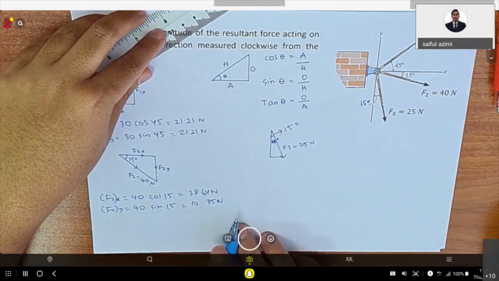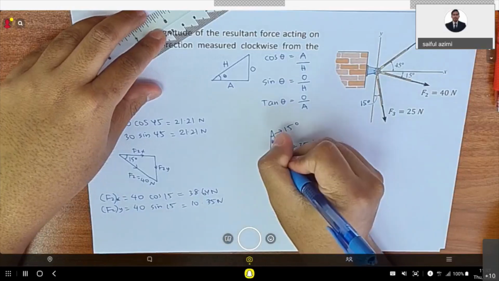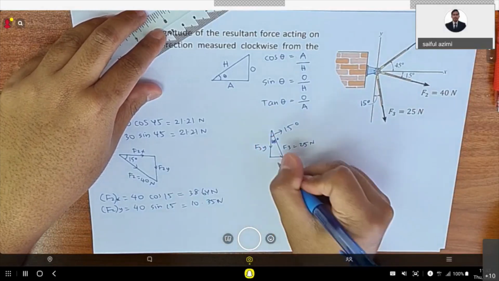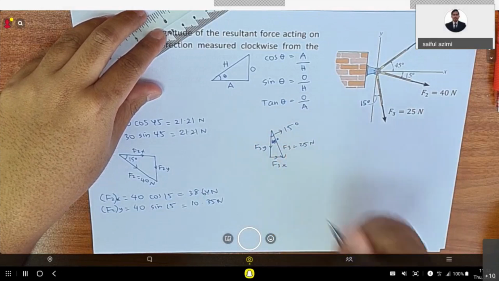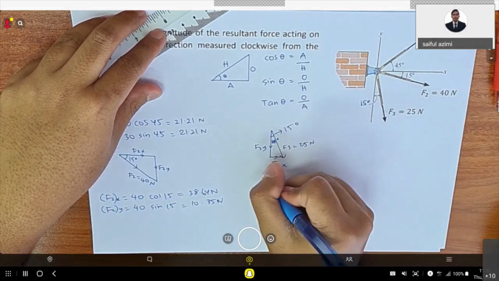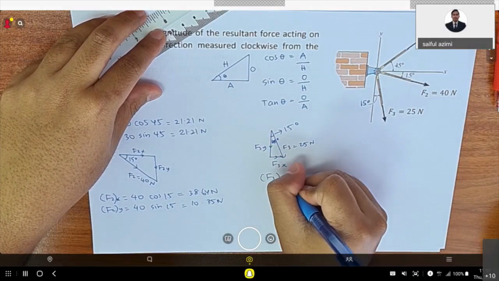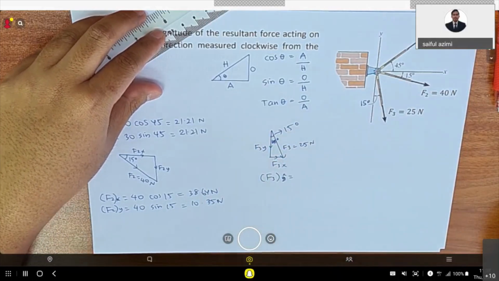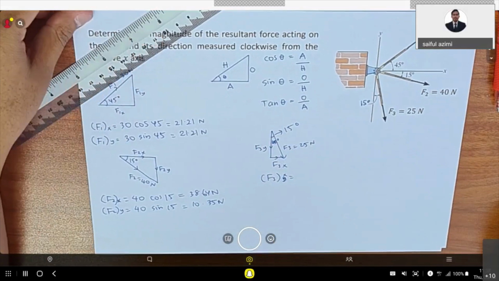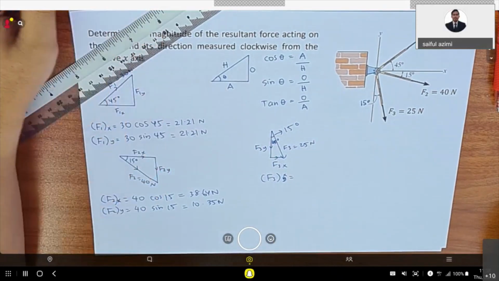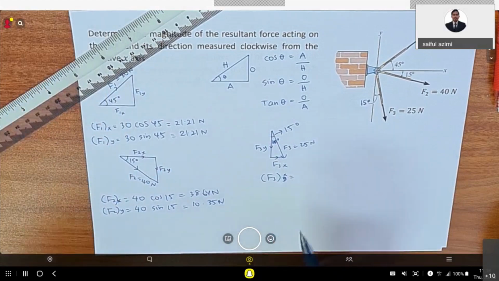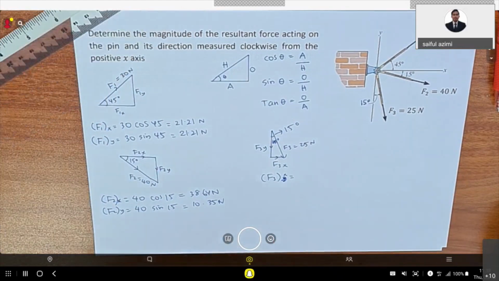15 degree here. So this is F3y and this is F3x. So for F3x first, what is F3x? 24.15.